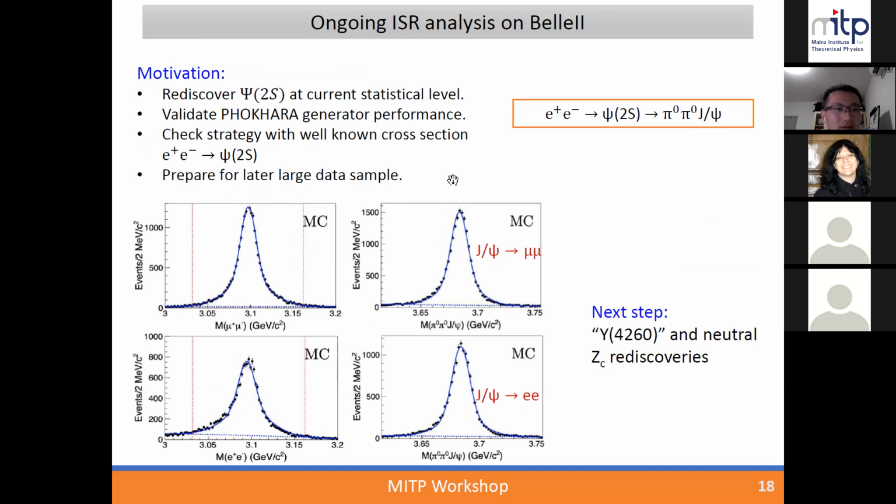In this channel, we'd like to rediscover the psi(2S) at the current statistical level, and we'd like to validate the generator performance, and we can check the strategy with the well-known cross-section with the e+ e- decay to psi(2S) process. For the next step, we'd like to search for the Y(4060) and some possible neutral Zc states in this final state.